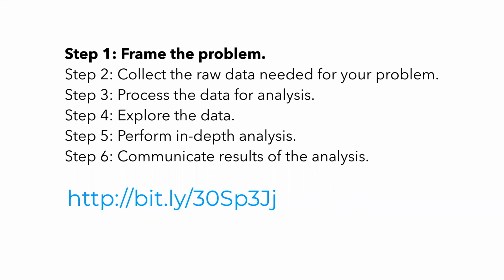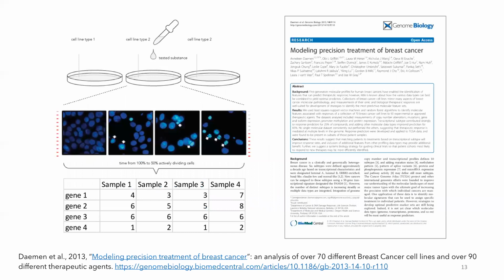For example, they were talking about modeling precision treatment of breast cancer, right? So treatment stands out here, right? Breast cancer stands out. And so we know that they want to collect data from breast cancer patients probably because those are going to be treated. So they need some information about treatment. They need some information about breast cancer. Now, what type of data from breast cancer?